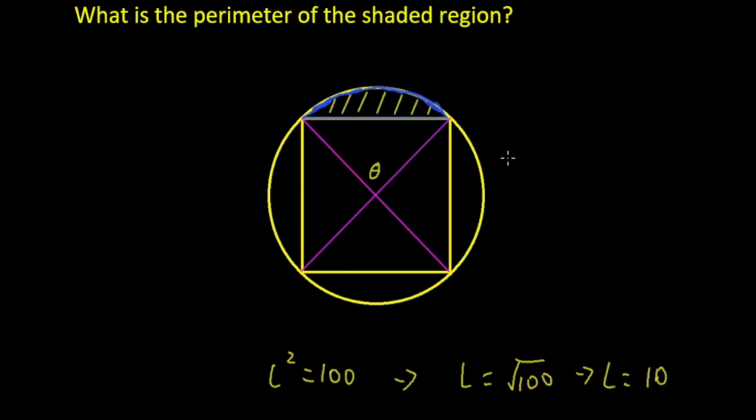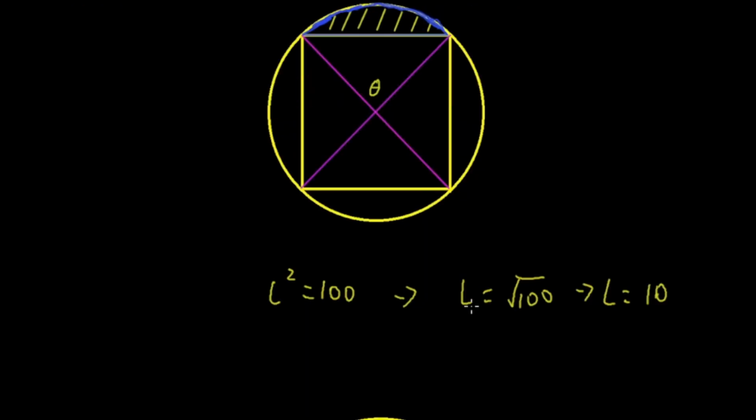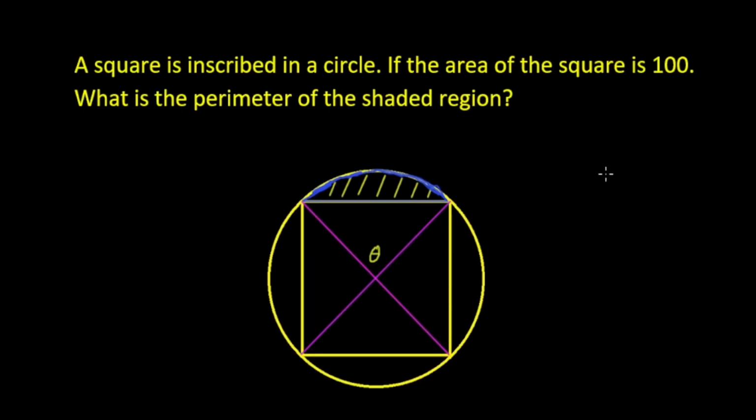Okay, first of all, how can we calculate theta? Okay, let's look at a triangle like this, a right triangle like this. Now we know that each of these sides is 10, right? Because it's a square, right?